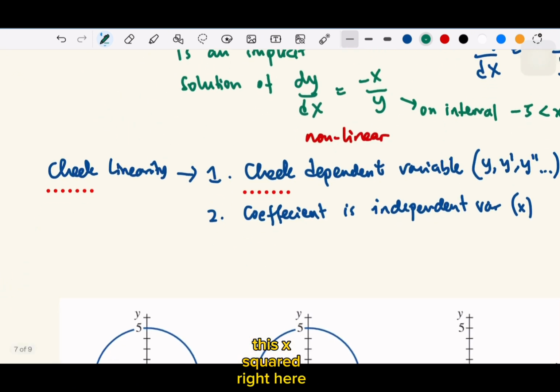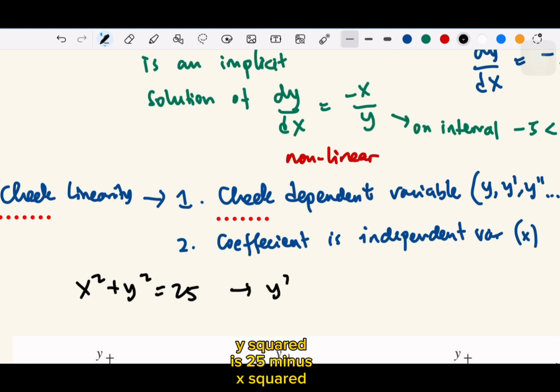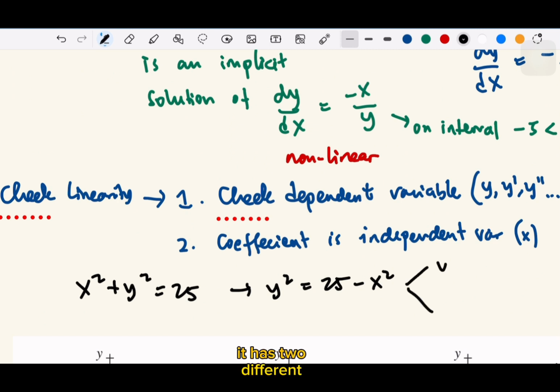Let me write here: x squared plus y squared equals 25. We can write it in terms of y equals a function of x. For example, we can write y squared is 25 minus x squared, which in turn has two different forms, positive and negative, right?